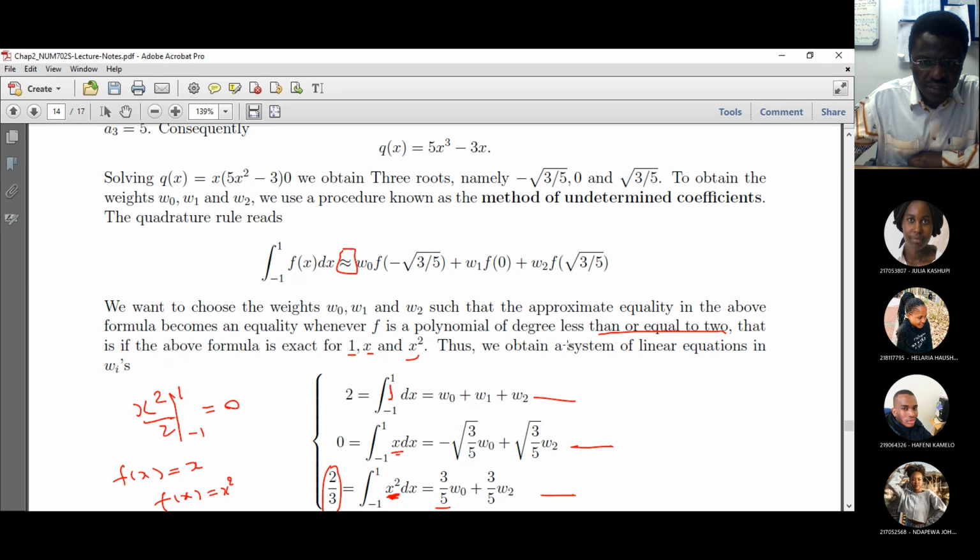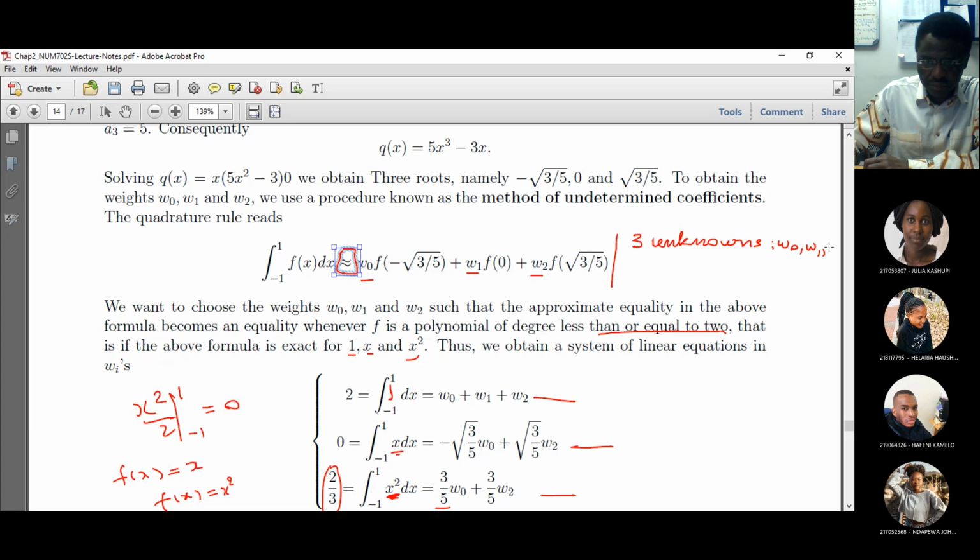Whenever f is a polynomial degree less than or equal to 2, we use 2 here instead of 5 because we need to determine 1, 2, 3. You see that we have W0, W1, W2. So to determine these 3 coefficients, here we have three unknowns: W0, W1, W2.